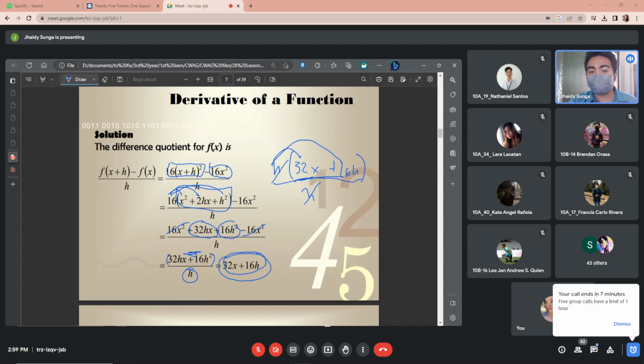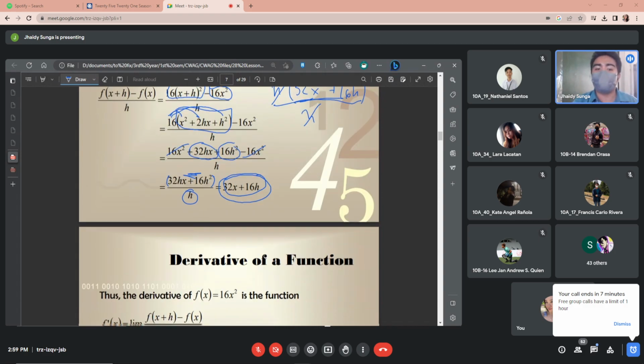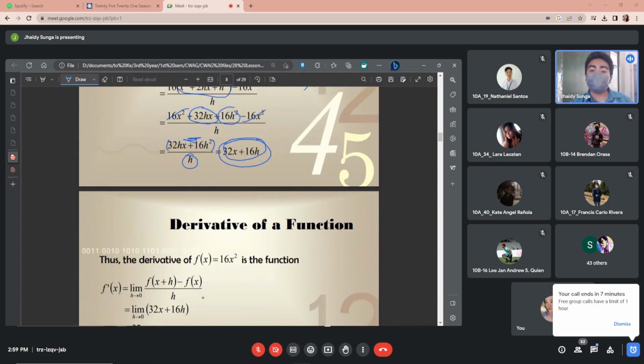Then the last step is to find the limits of that one. So go back to the limits. When we say limits, we have h approaches to 0, and we have to find the limit of 32x plus 16h. I'm not yet showing, but remember, how do we find a limit? If your limit has a value, what's the value of your h? You are referring the limit of your function as h approaches to 0.